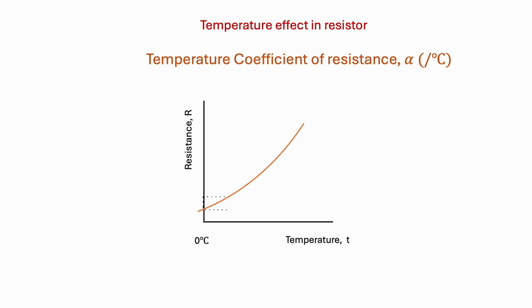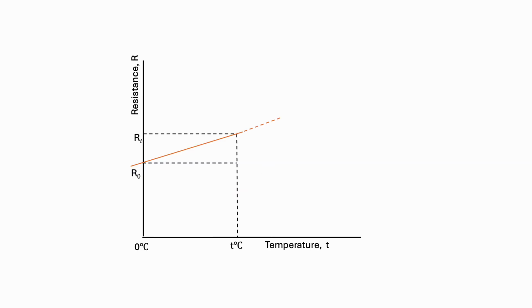We pick a straight line from this curve using the straight line law, because we are actually dealing with some range of temperature from 0 degree Celsius to 1 degree Celsius. So using this straight line law, we can find just like this.